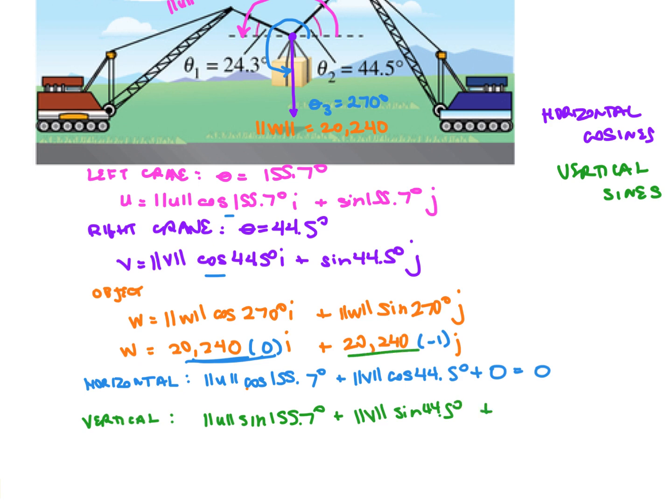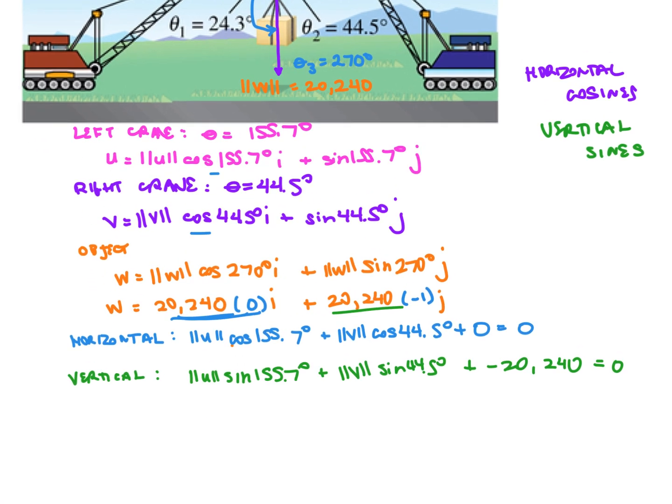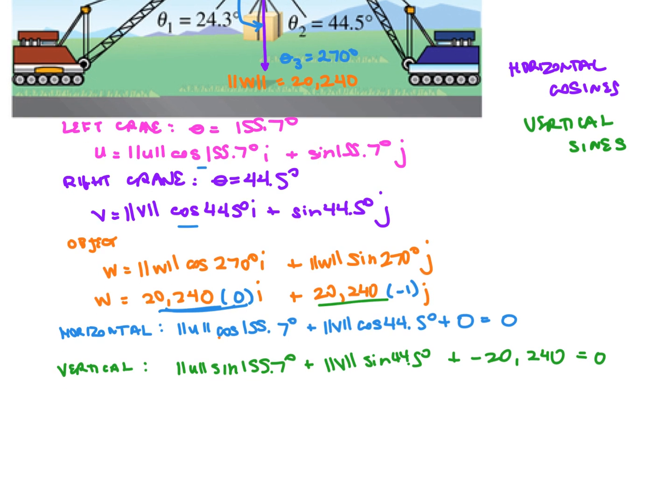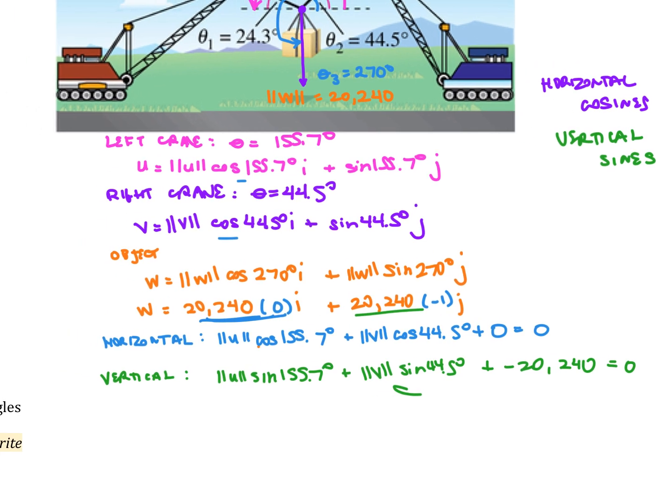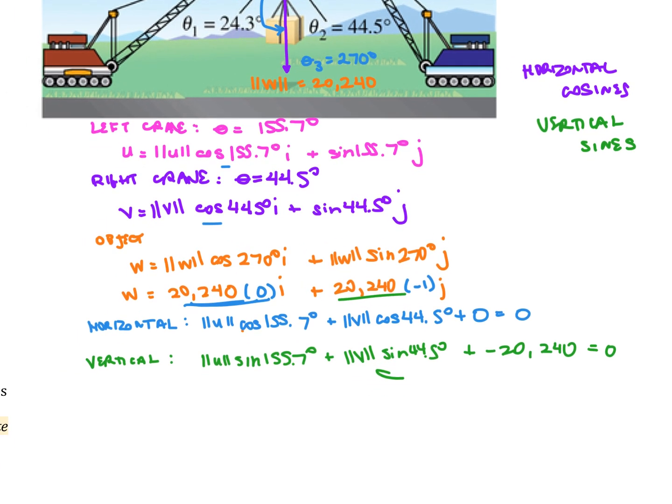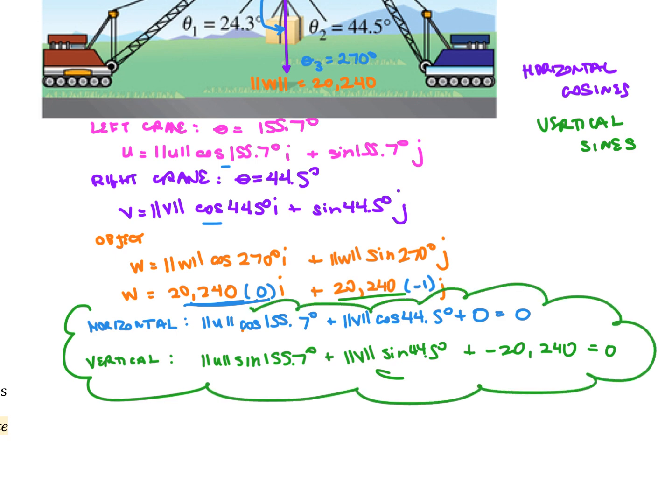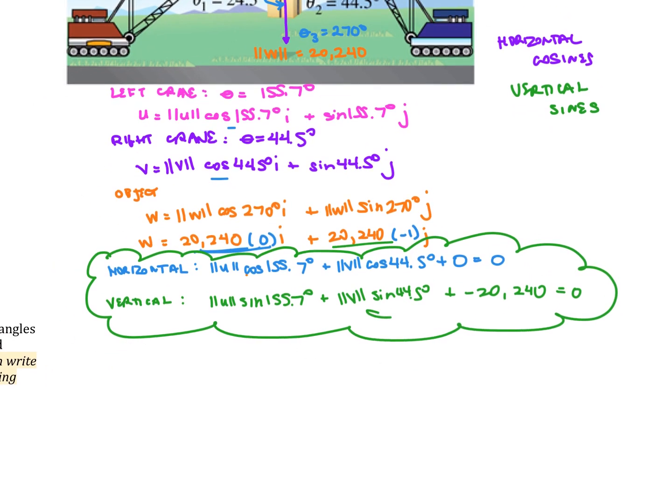We know that that's just going to be negative 20,240, and that all equals 0. So what we can do is isolate our variables on the one side and then move the 20,240 to the right side by adding it. These are our two equations that we're going to use, and we're going to solve using a system of equations for the magnitude of u and the magnitude of v.